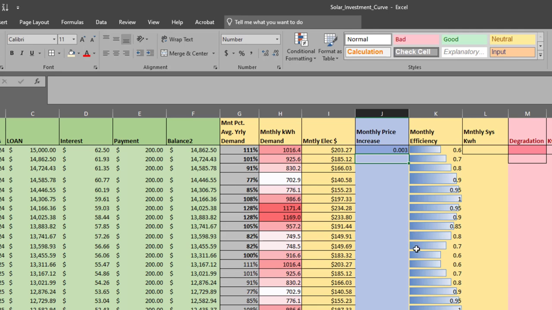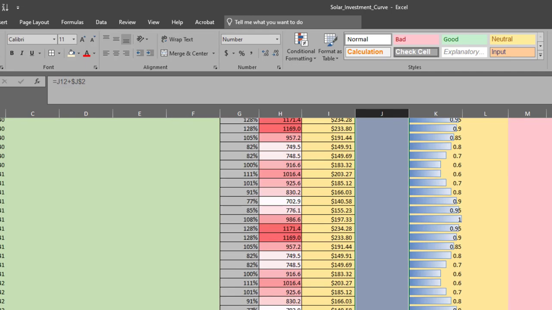And so to get a time over time increase, it's just J2, what you've already had, plus J2, and then you can freeze that, and then you see it increases by a little bit, and as you go through a full 12 months, you will find yourself up to a 3% increase over the years. So just copy that to the rest of the column.